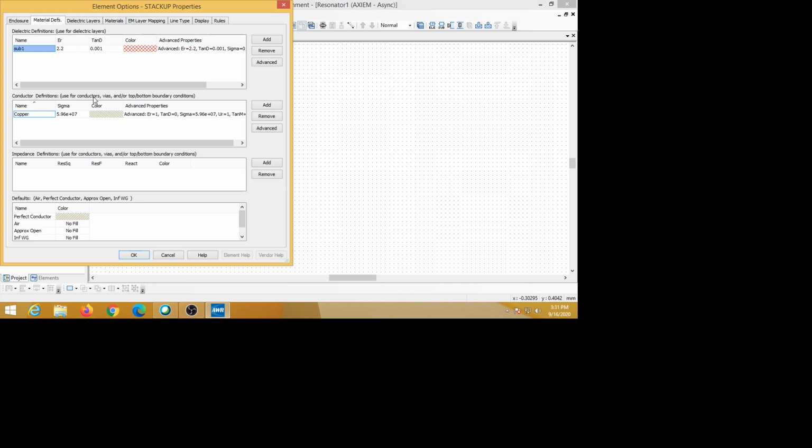We cannot do that in this window. So the thickness of this material, that is 1.59, we have to define next to the material definition, where there are dielectric layers. You click there.